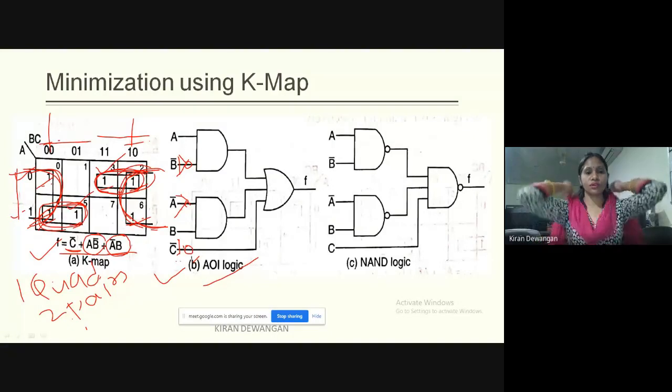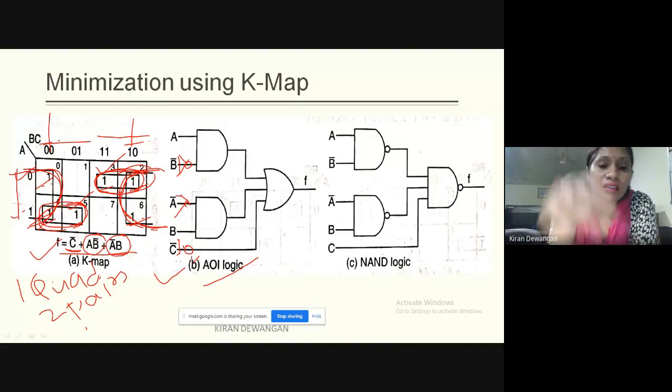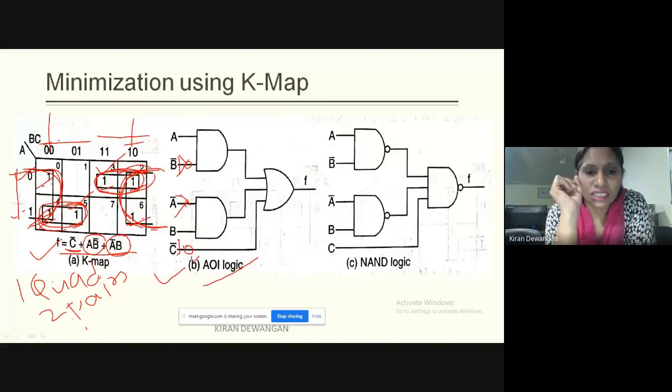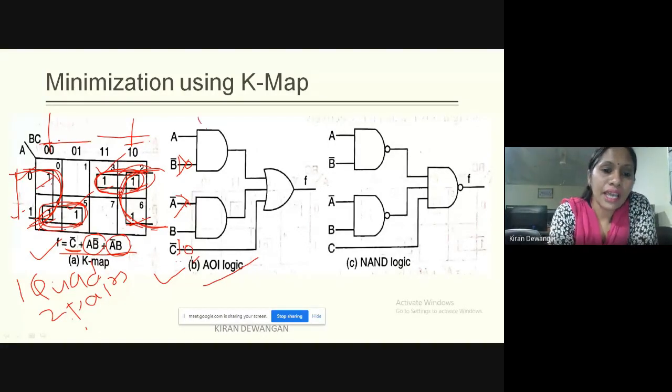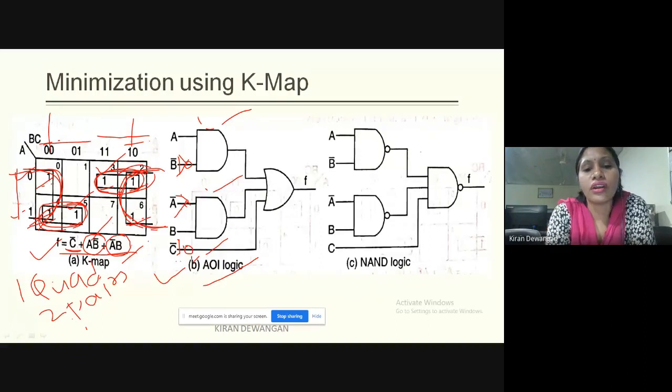Clear? So here we have not taken inverter, but you could even take the inverter and design it accordingly. So this becomes AB bar for this term, and this is our A bar B, and this is our C bar. All three are ORed. It is given to an OR gate, and finally we get this output.